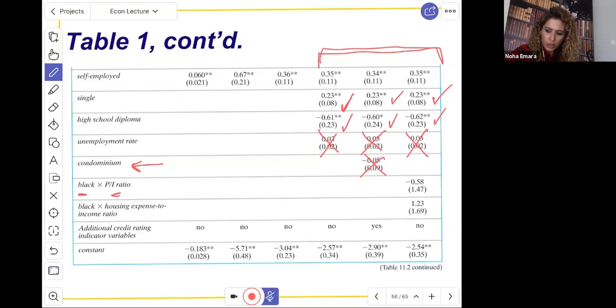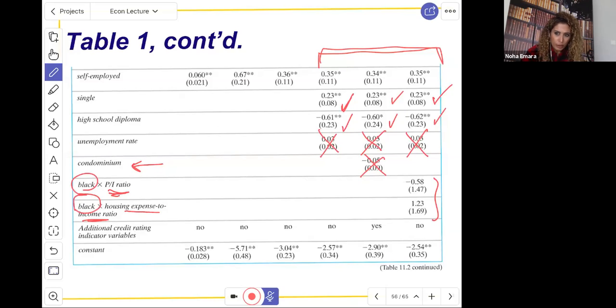Here you want to see, in these two, actually not one of them, these two are about a certain question. Are there different standards applied in evaluating the payment to income ratio and the house expense to income ratio for Blacks? Is there any different standard given to Blacks?